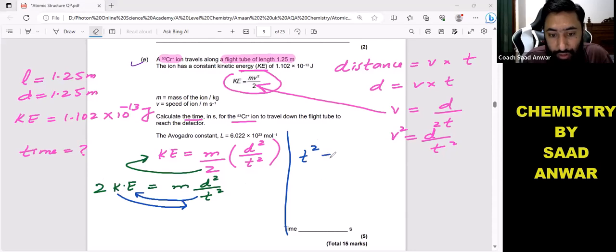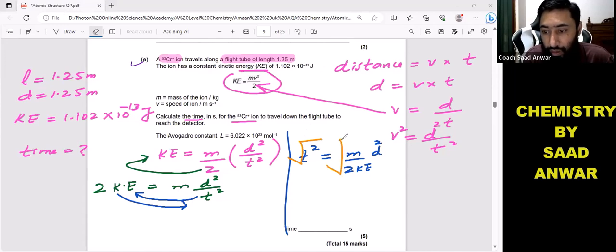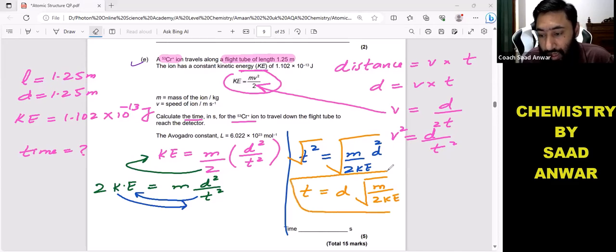T square is equal to m over 2 times kinetic energy, into d square. But I have to find t, not t square, so I take the square root on both sides. T is equal to d times the square root of m upon 2KE. This is the formula I have to use to solve this question.